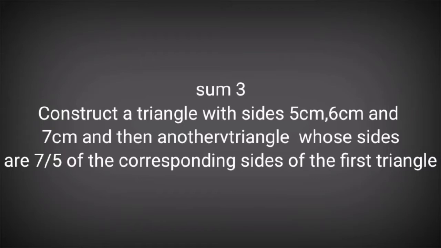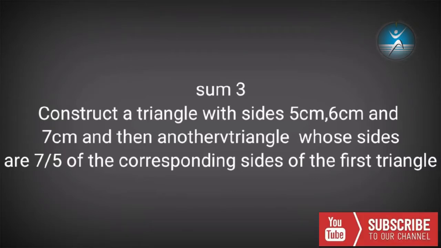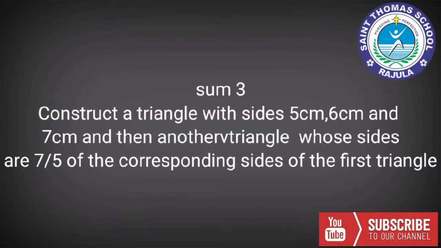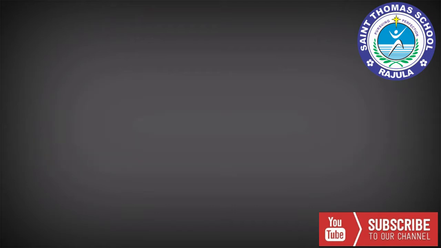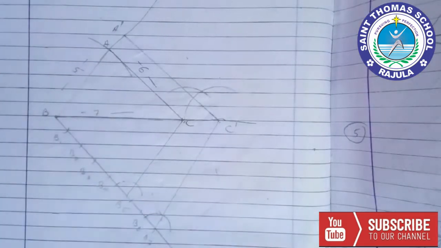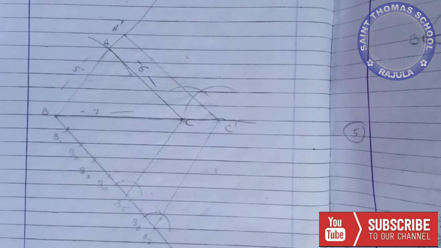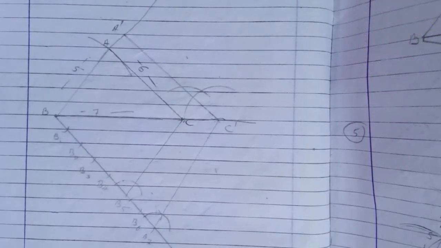Now construct a triangle with 5 centimeter, 6 centimeter, 7 centimeter, and then another triangle whose sides are 7/5 of the corresponding sides of the first triangle. Now answer number 3. First of all, we have to construct triangle ABC with side AB equal to 5 centimeter, BC equal to 7 centimeter, and AC equal to 6 centimeter.